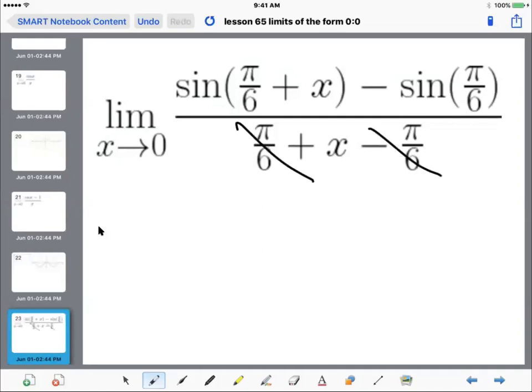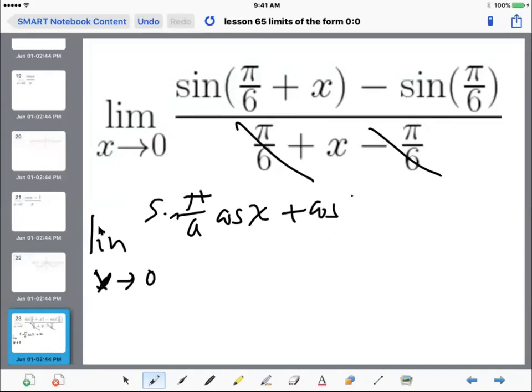It's the numerator that's the problem. And that's right, Riley says the addition formula. So it's sine A cosine B plus cosine A sine B.